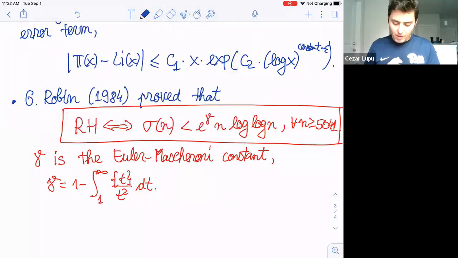Now I would like to explain the following question I want to address. I would like to see some asymptotics for sigma of n, the sum divisor function.